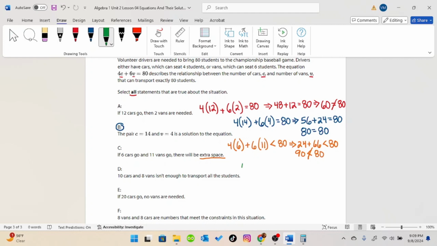So we substitute 10 in for C, and we substitute 8 in for V, and this would need to be less than 80, meaning it would only carry less than 80, so there wasn't enough for the 80. 4 times 10 is 40. 6 times 8 is 48.